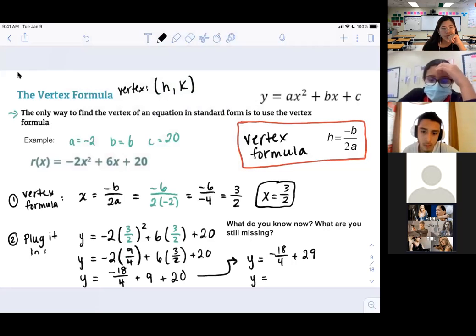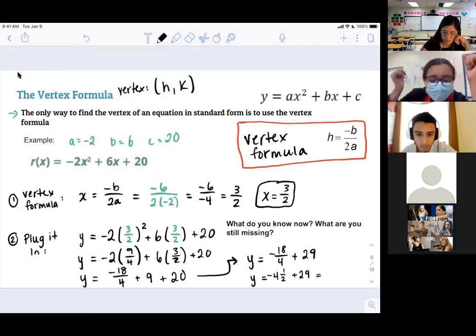Oh yeah, that's 4 and 1/2. Negative 4.5. So what's 29 minus 4.5? 24.5. Yay, that's better. My poor brain.